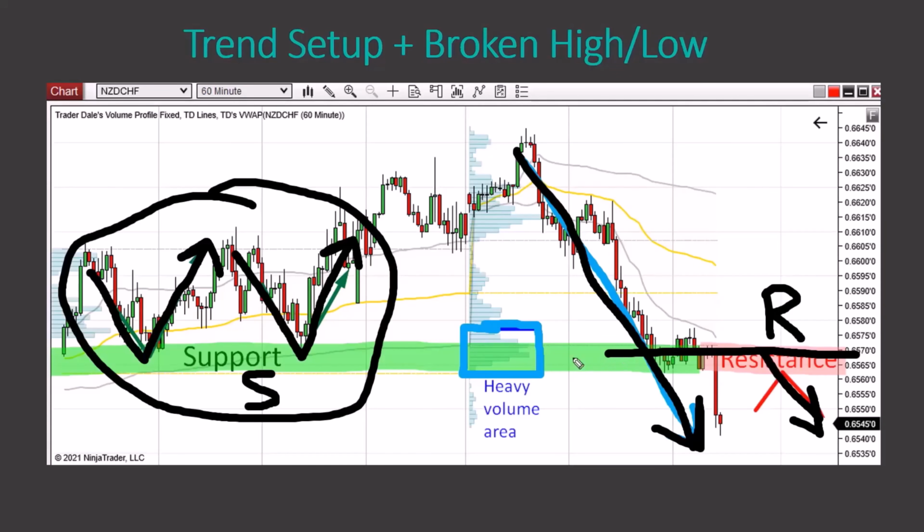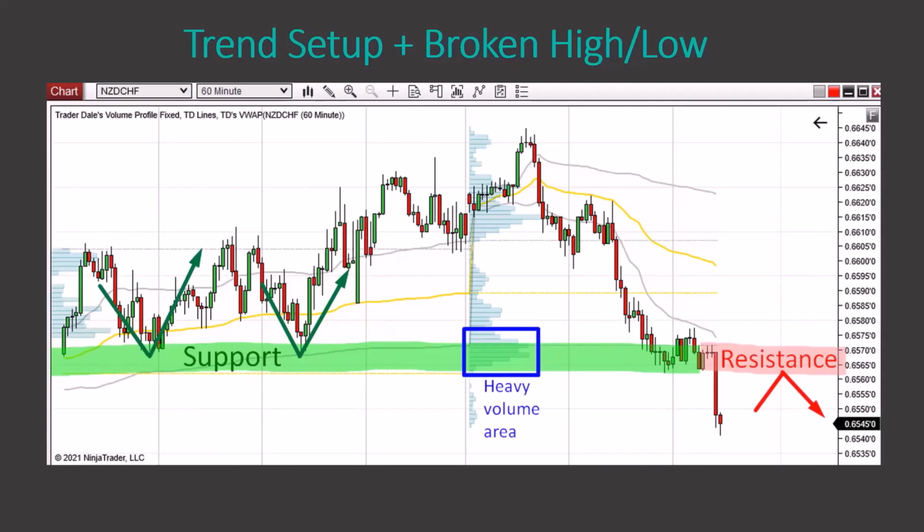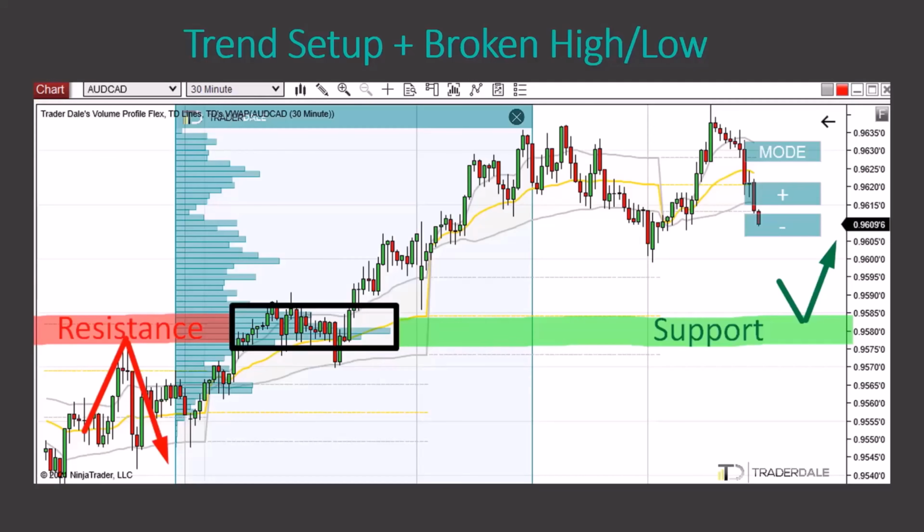And that's exactly at the same place where we have this volume cluster. So that's pretty cool about it. Combo of two setups. Trend setup, which is a volume-based setup, and this support, which becomes a resistance setup, which is a price action setup. I must say that I really like to look for those, as those get very good win ratio.